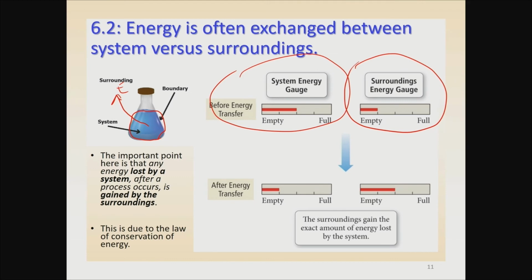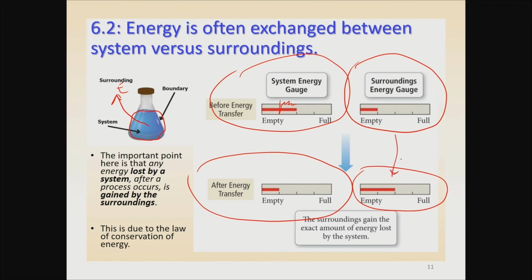If energy left the system, after this transfer of energy you can see that the system has lost energy. But importantly, any energy that was lost by the system has been gained by the surroundings. You can see it in particular when you look at the bars in these graphs. Here, with the system before the reaction, it's going to lose this amount of energy, and you can see after the reaction it has lost that. But look what has happened. The surroundings picked up that energy, and so they have more energy.